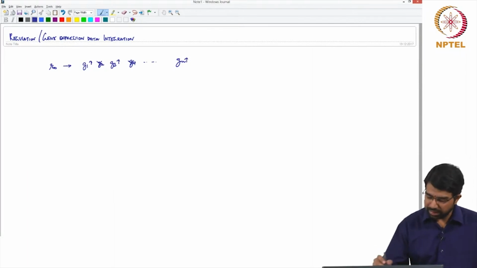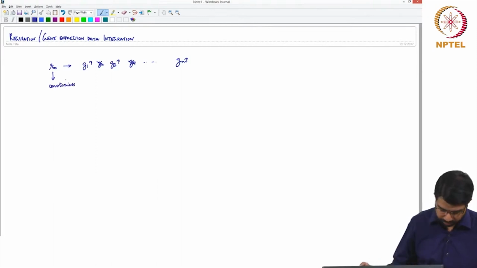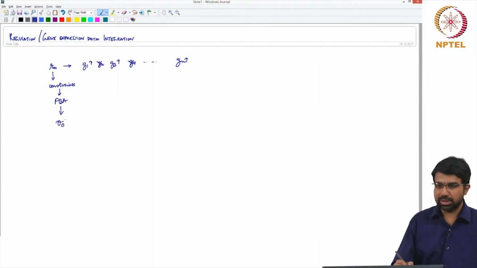So, let us say this is an initial regulatory condition. You now use this initial regulatory condition as constraints and solve an FBA, you get your first metabolic state, right, first optimal metabolic state.